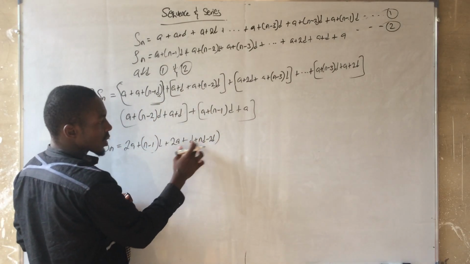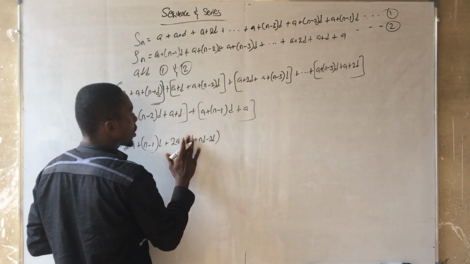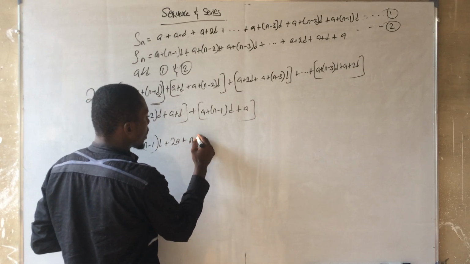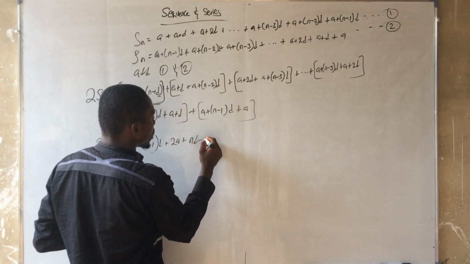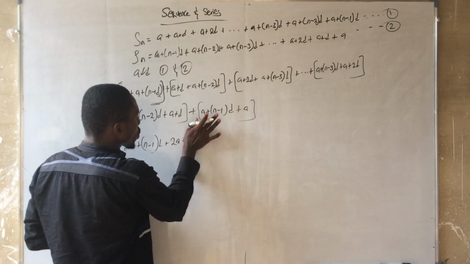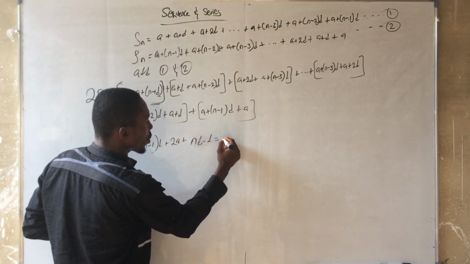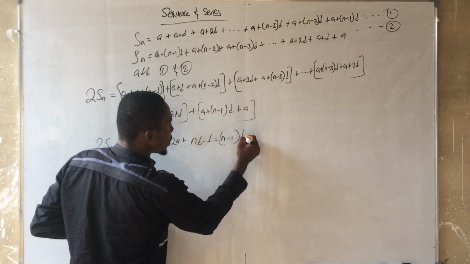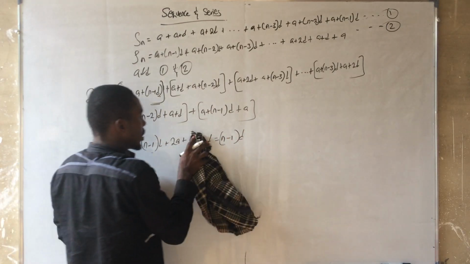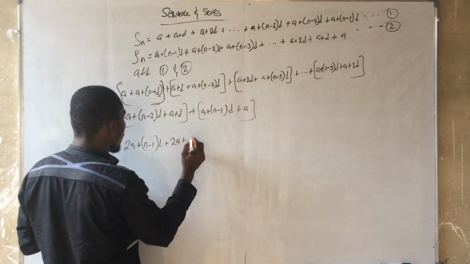This 2d minus d is going to give us what? D. So actually what we're having now is nd minus d. So to make it look like this, we have nd minus d, and this is equal to what? N minus 1 d. So to make it look like this, I clean this and I write 2a plus what?